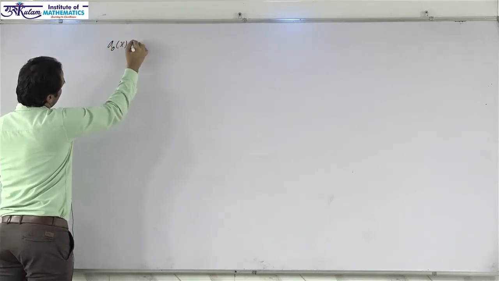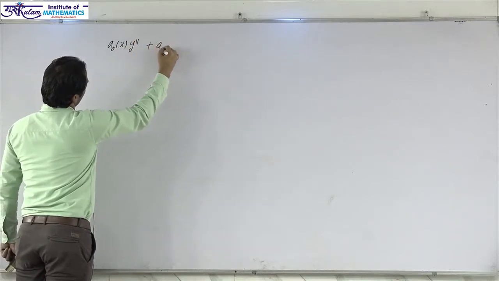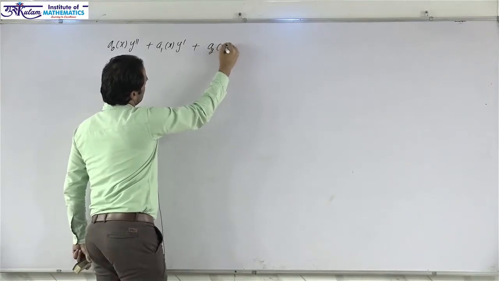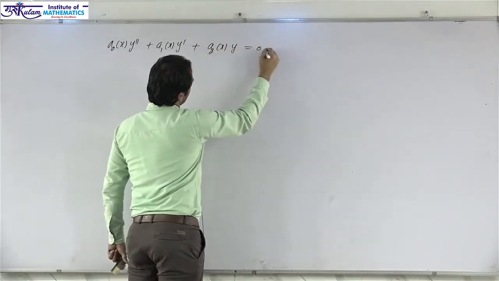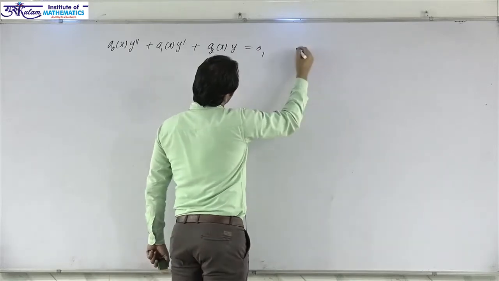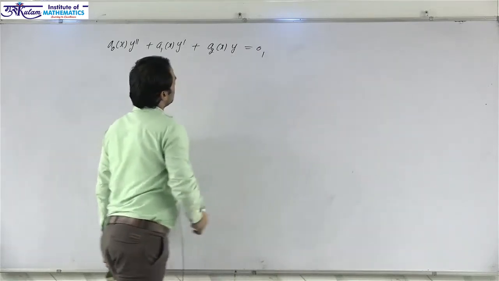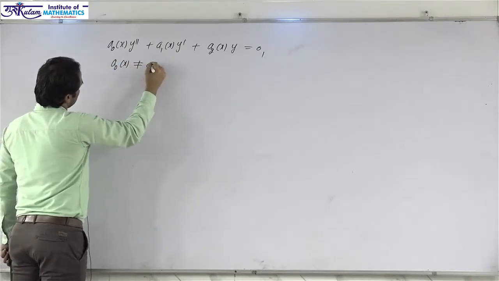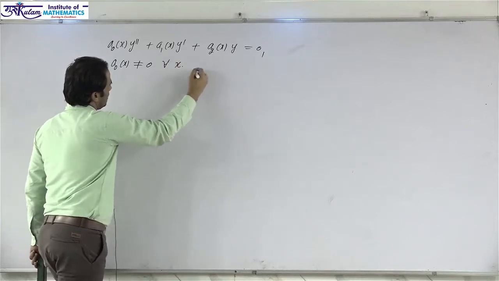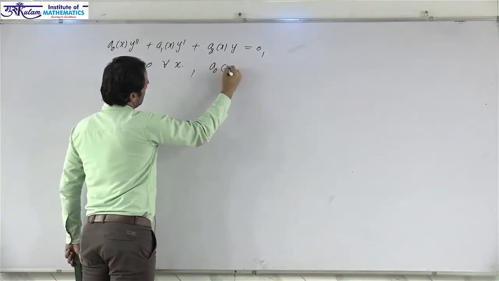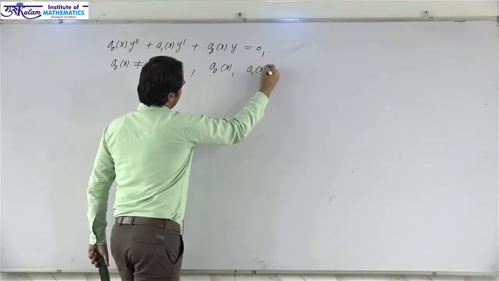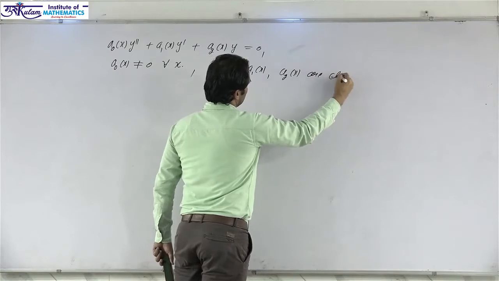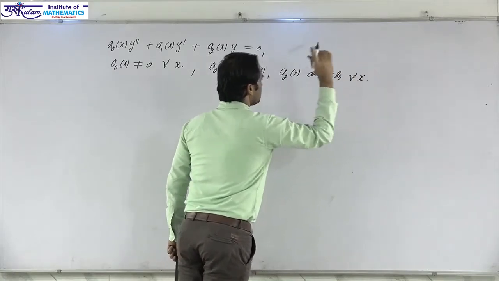a0(x) y'' + a1(x) y' + a2(x) y = 0, and assuming that a0(x) is not equal to 0 for every x, and a0(x), a1(x), a2(x) are continuous for every x.